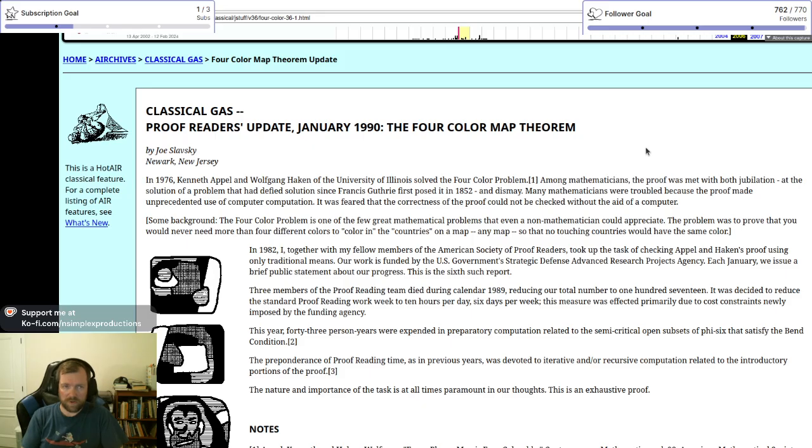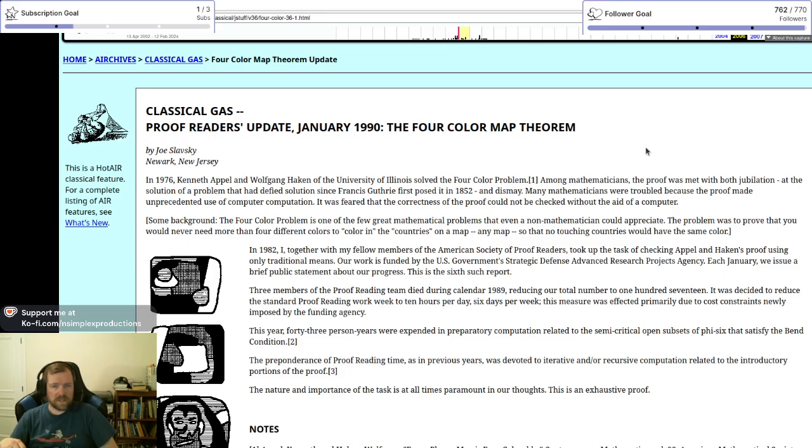How many colors would you need in order to color the entire map such that all of the countries that are adjacent to each other are different colors? So never two countries that share the same color next to each other. And so, like I said here, Ken Appel ended up proving with Wolfgang Haken that 4 is all you need.